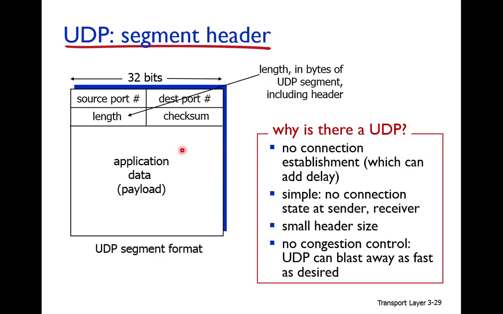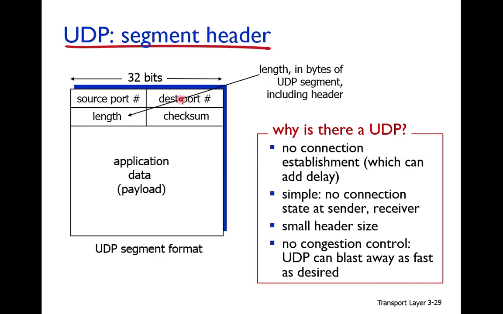What is the length of this segment? It is specified in bytes. It is 16 bits, so the UDP packet can be at most 2 to the power 16 bytes. And the next is the checksum. We will explain what checksum means later on. Okay, so these are the 4 fields.